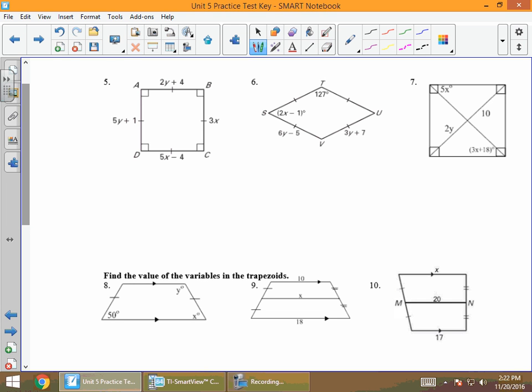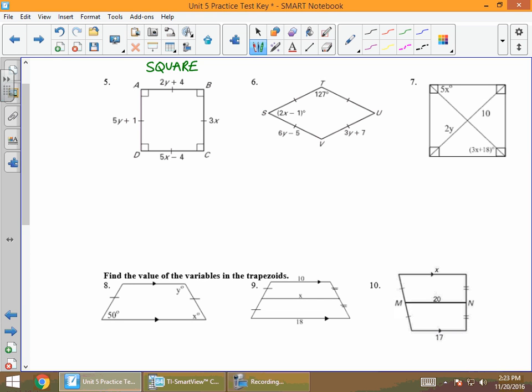I can see that all four sides are the same and all four angles are 90 degrees. That is going to make number 5 a square. And your reason there, for 90-degree angles and all sides are congruent. Well, since all sides are congruent, I can take any two and set them equal.